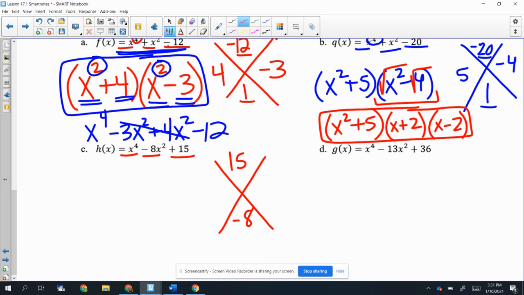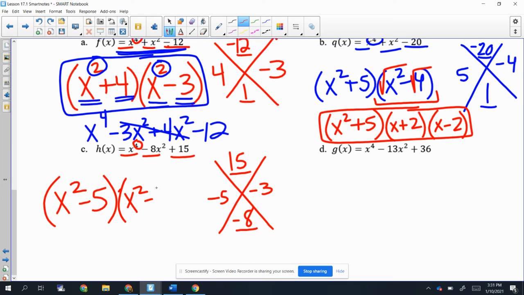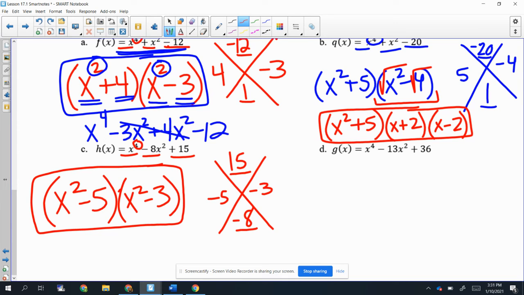So you are trying to think of what two numbers multiply to give you positive 15 that add to give you negative 8. You should be looking at negative 5 and negative 3. So you look at this fourth degree, and you write it as x squared minus 5 and x squared minus 3. And neither of those 5 or 3 are perfect squares, so that would just be your final answer.